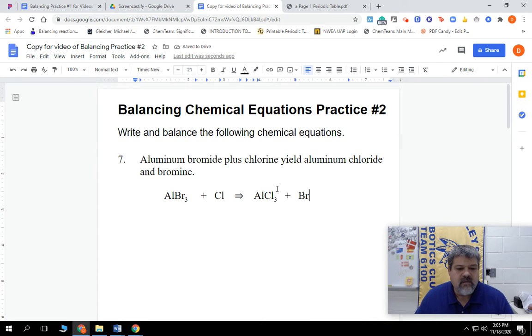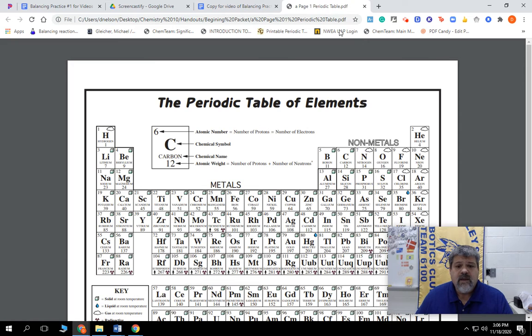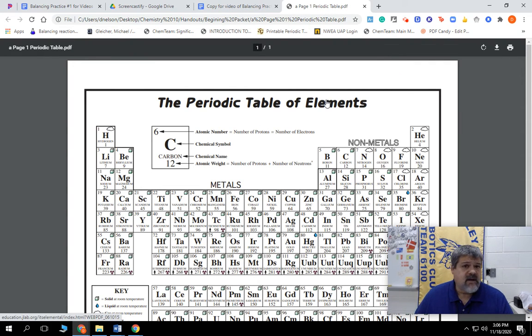Now, again, we're not done with the skeleton equation, because we always have to ask ourselves, if there is an element alone, like chlorine and bromine, by themselves, are they diatomic? So let's go to our periodic table. There are 7 elements that are diatomic: hydrogen, nitrogen, oxygen, fluorine, chlorine, bromine, and iodine.